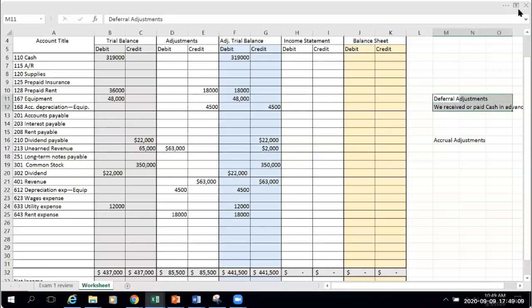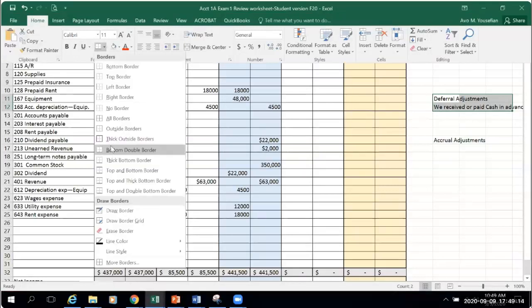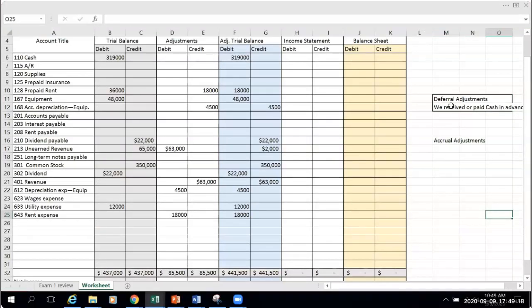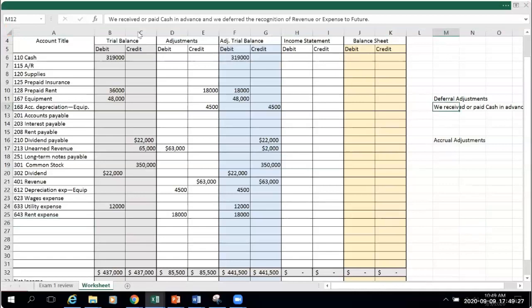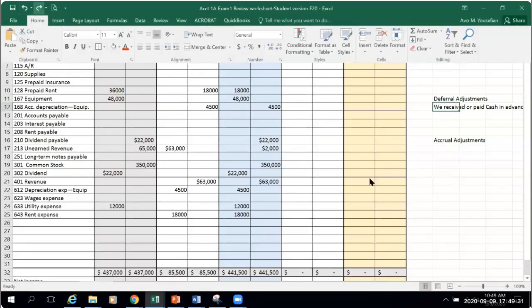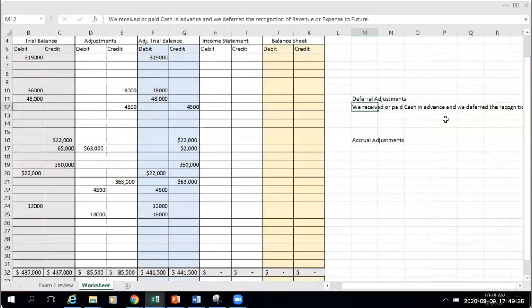So deferral adjustment is an adjustment that's in regards to a cash either received or paid in advance, and we deferred the recognition of revenue or expense to future, which is end of the year.